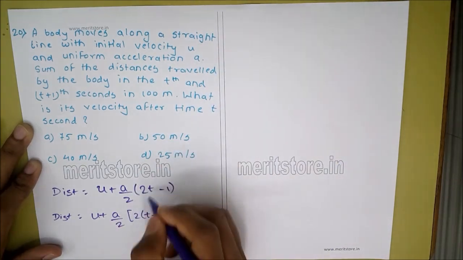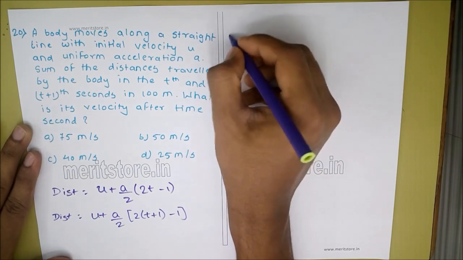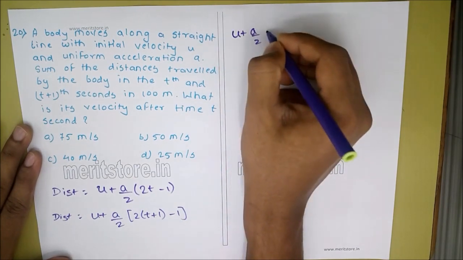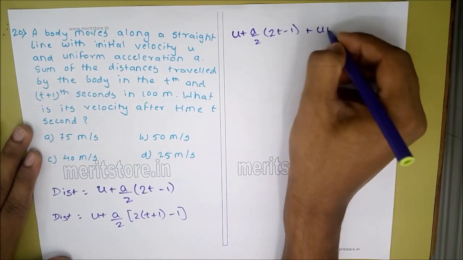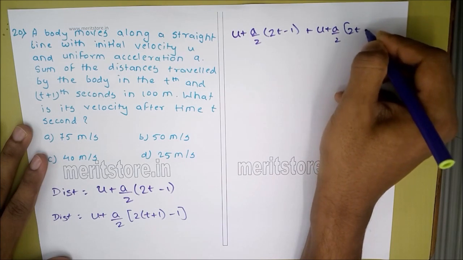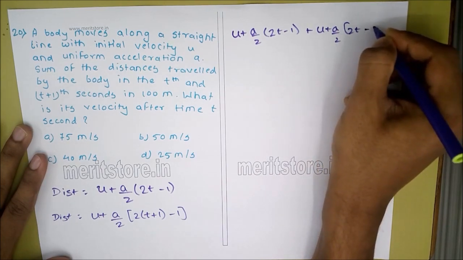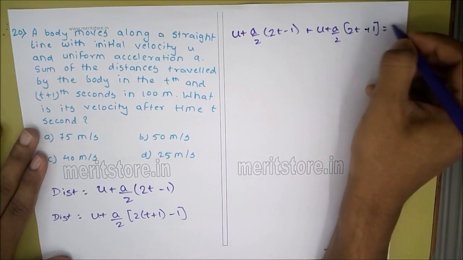It is given that the sum of these two distances is 100 meters. So u plus a by 2 times 2t minus 1 plus u plus a by 2 times 2t minus 1 plus 1 is equal to 100.